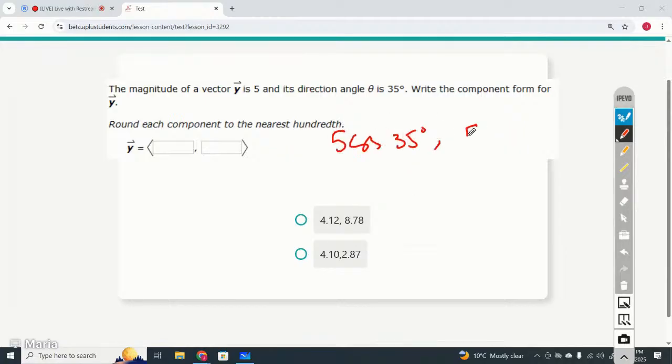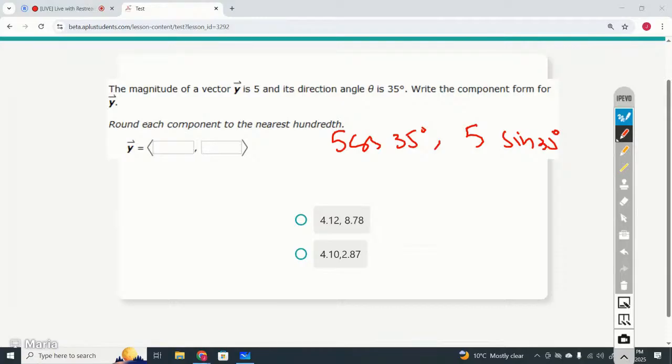That is 5 cos 35 and 5 sin 35. Cos 35 is 0.8191.